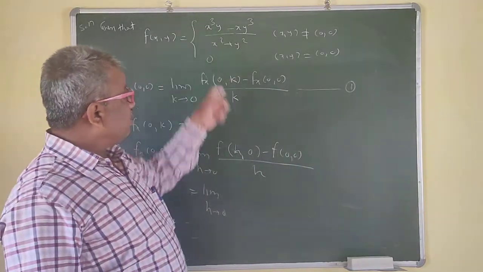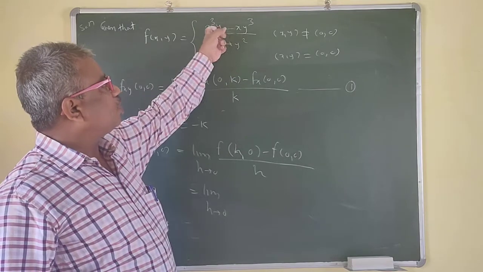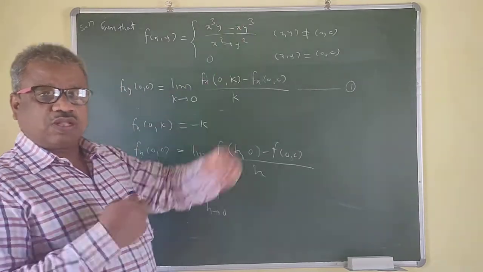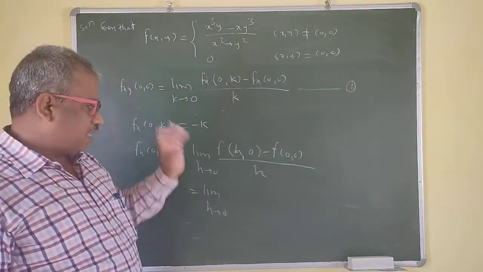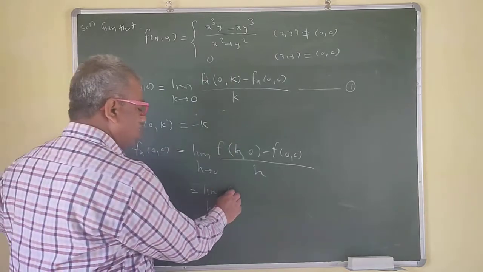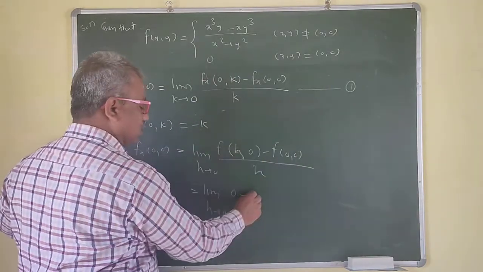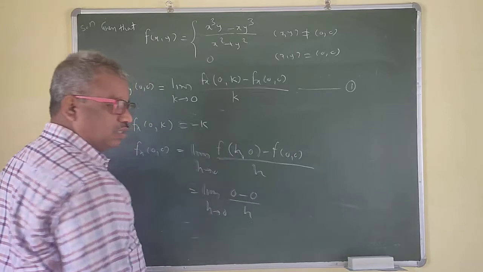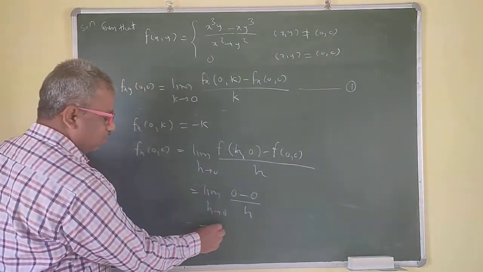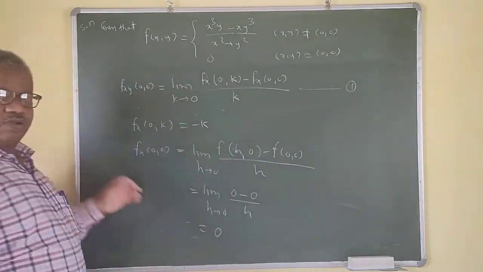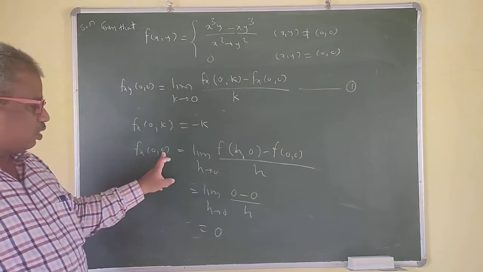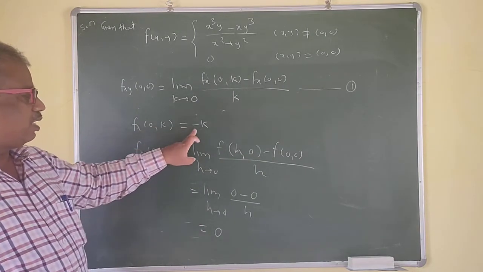We have to put x equal to h and y equal to 0. See, this is the product of x and y, that means if one of x and y is 0, then everything is 0. So this is 0, and this is directly given as 0 upon h. So the limit of 0 is 0. So fx(0,0) is 0, and fx(0,k) is minus k.